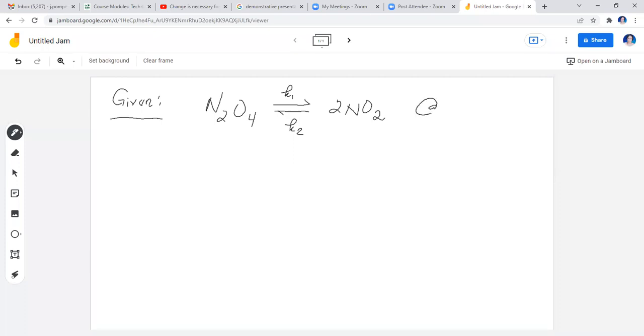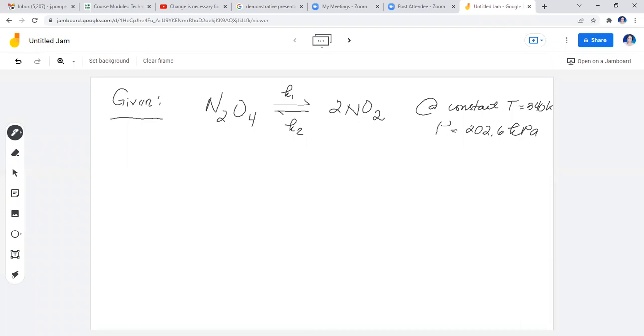This is carried out at constant temperature. The feed consists of pure dinitrogen tetroxide, meaning it does not have any contaminants, and there is no initial amount of products present. We only have everything in terms of dinitrogen tetroxide. The temperature is 340 Kelvin, and the pressure is 202.6 kilopascal.